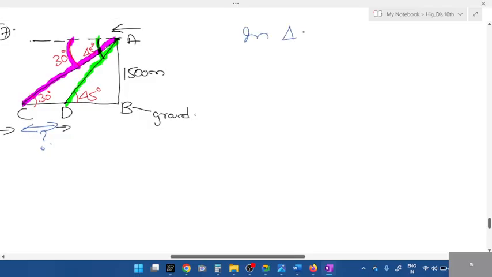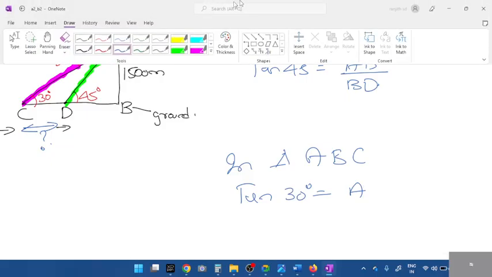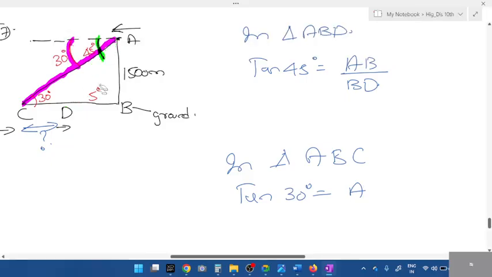In triangle ABD, it is tan 45 degrees. Tan 45 is AB divided by BD. First one. Second, in triangle ABC, tan 30 degrees. Tan 30 is equal to, look, if I take tan 30, imagine this triangle.